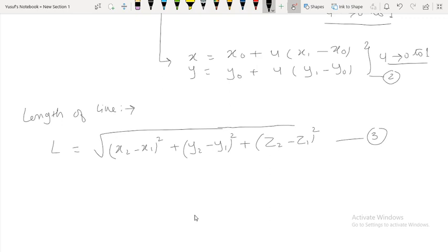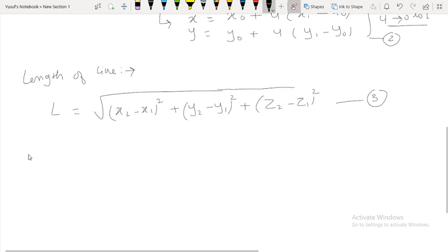Then the next formula is the unit vector of the line. You have to calculate the unit vector of the line. The unit vector formula is n cap is equal to (p2 minus p1) divided by L, the length of the line.